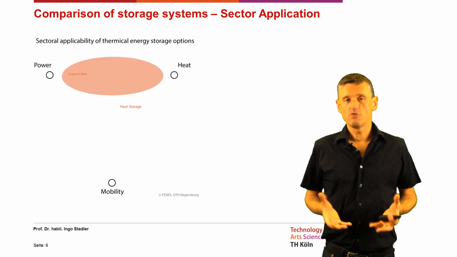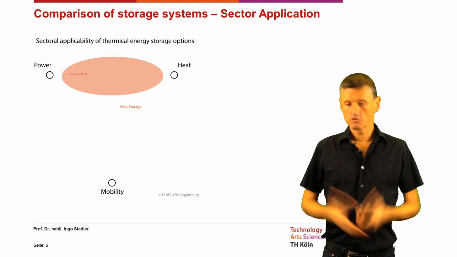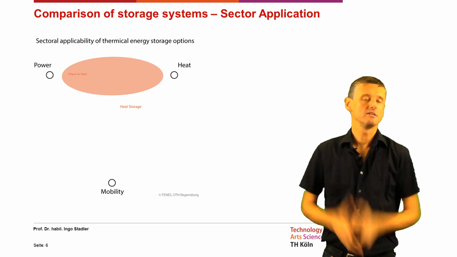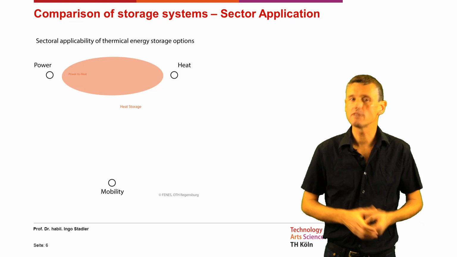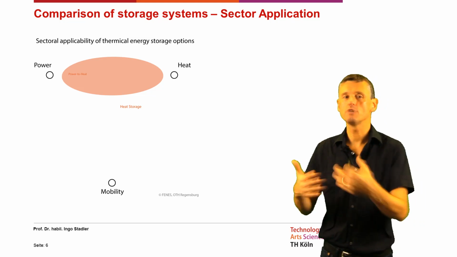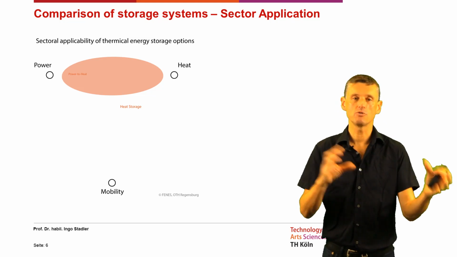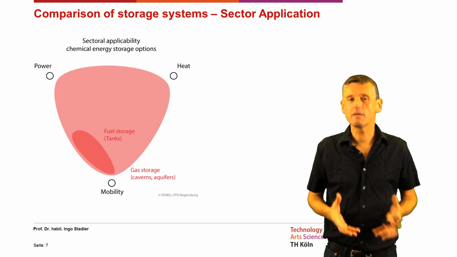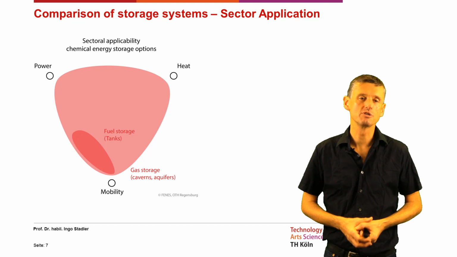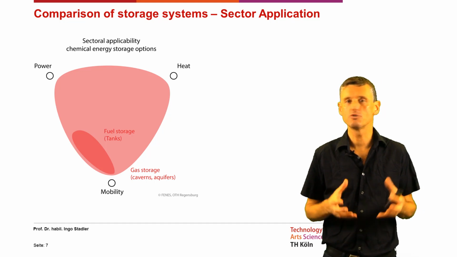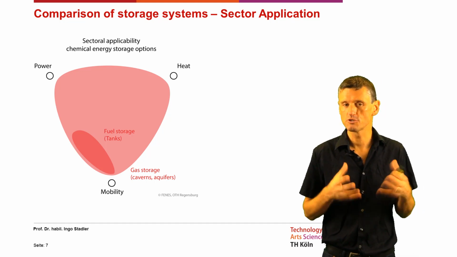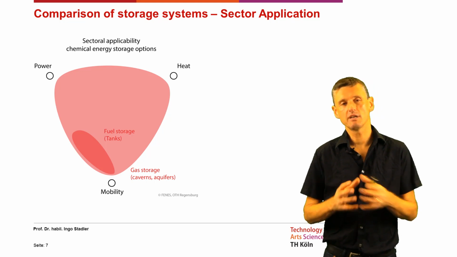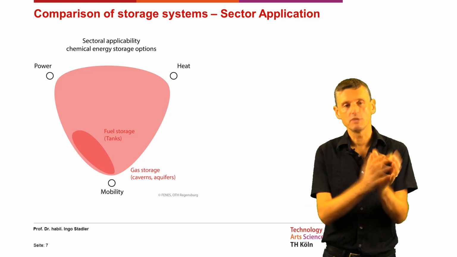Coming to thermal energy storage systems, sure, they have their impact in the heat sector, but when talking about power to heat, they also link power and the heating sector. The pure chemical energy stores, when thinking of the pure fuel stores, the fuel storage tanks, are mainly only the mobility sector.